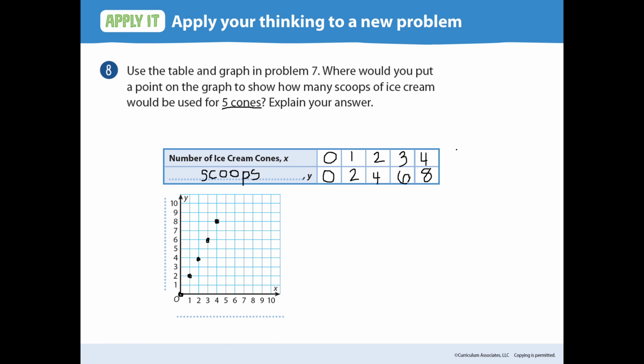So we can add a number 5 to the end here. And we know that there's 2 scoops of ice cream for each cone. So we can take 5 times 2 and continue our pattern there to get 10. And so if we put that on our graph, it would be over 5 and up 10. So we can see that pattern continuing.